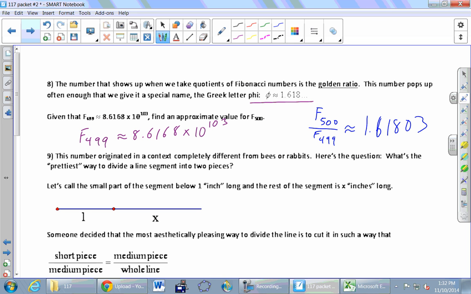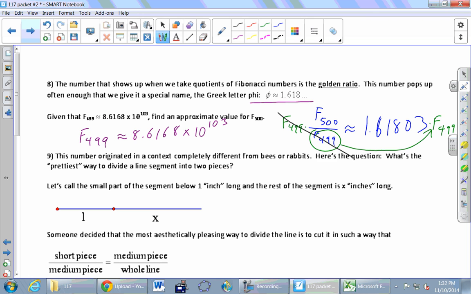So a little bit more algebra here. What do we do to both sides of this equation to get F500 by itself? Can't we multiply both sides by F499? Multiply the left side by F499 to cancel. So both sides multiplied by F499, and they go away there, and we just see that the 500th number is about 1.6 times the 499th number.